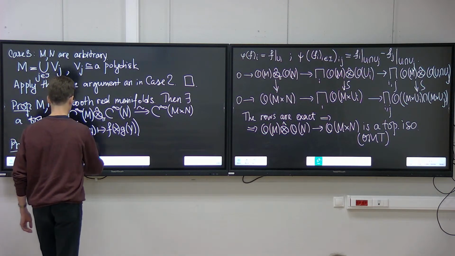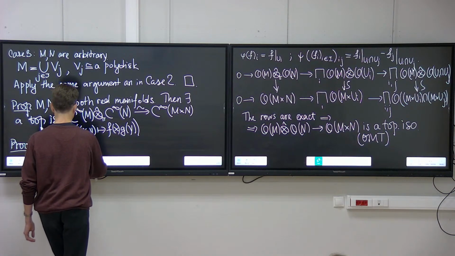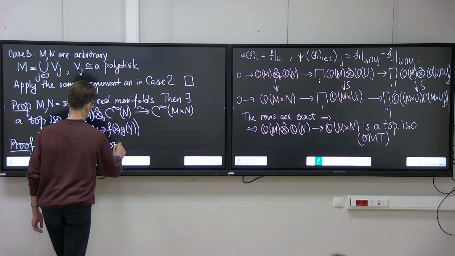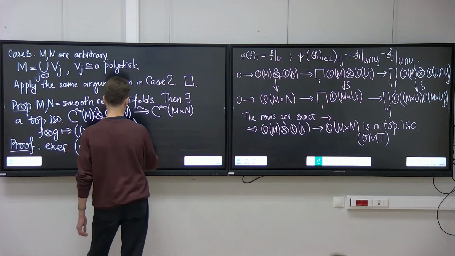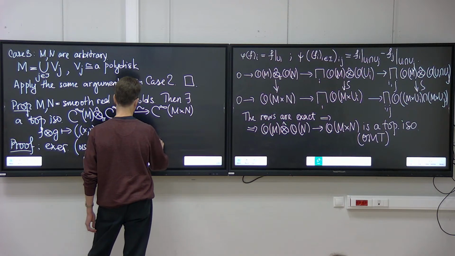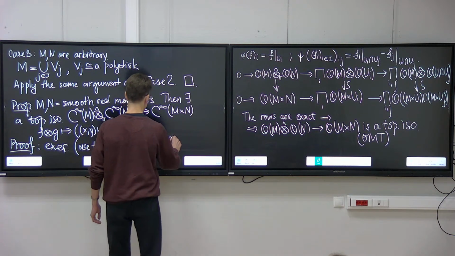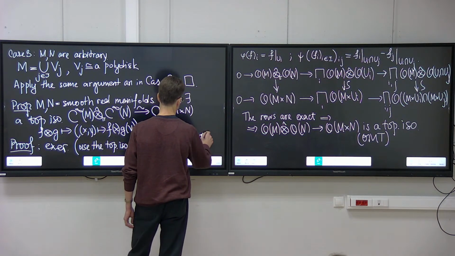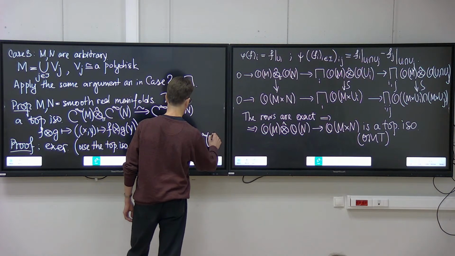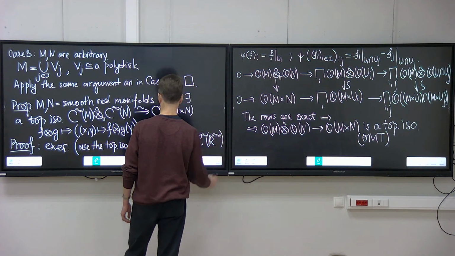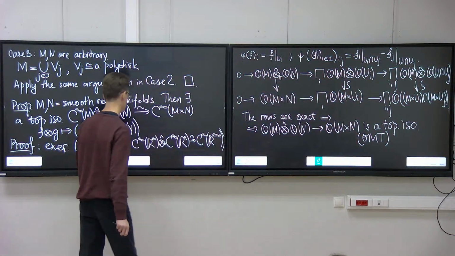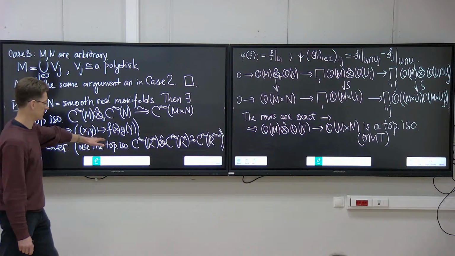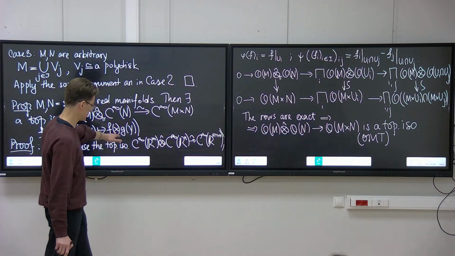So everything actually reduces to the topological isomorphism between the projective tensor product of C infinity on R^m and C infinity on R^n to the C infinity on R^(m+n). And we have already discussed this isomorphism some time ago. This was also an exercise, but this is much easier.